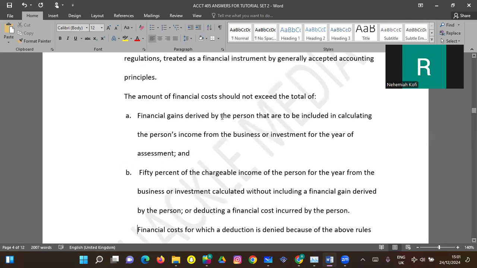So the financial gain derived by the person that is to be included in calculating the person's income from the business or investment for the year of assessment, then 50% of the adjusted chargeable income of that person for the year.